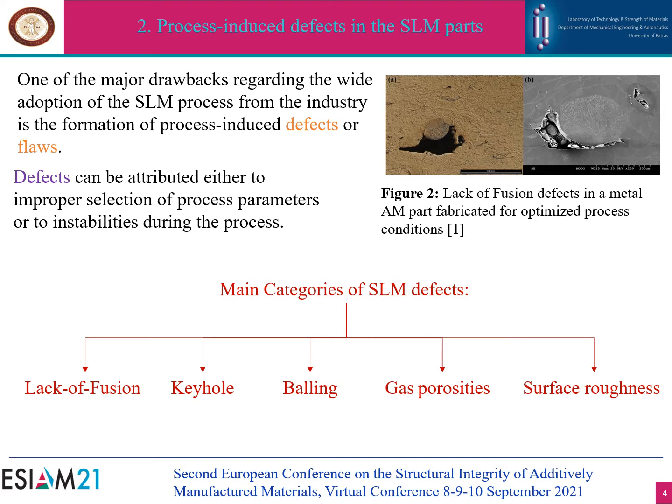The main categories of SLM defects are lack of fusion, keyhole, balling, gas porosities, and surface roughness. Except for the surface roughness, all the other categories refer to internal defects, and these are the main concern in the present study.